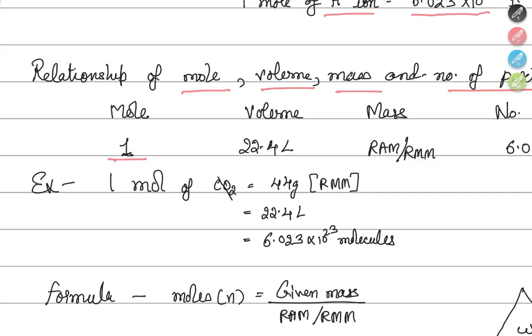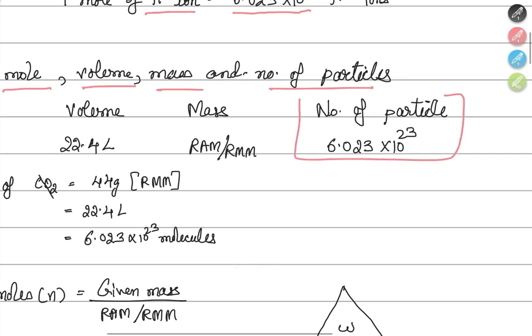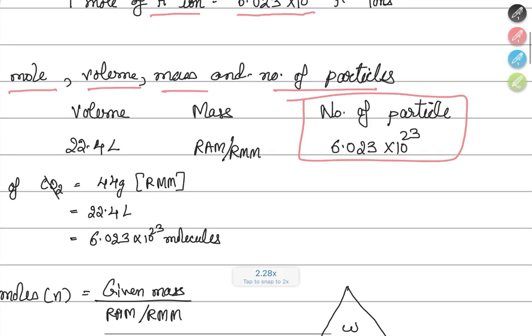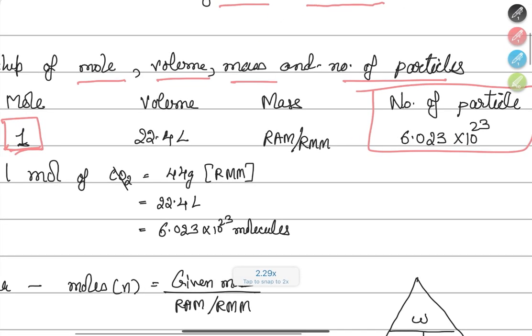So 1 mole of any substance will contain that number of particles, which I will denote as Na, Avogadro number. We can also relate 1 mole with the volume, if we are talking about a gas: how much volume will 1 mole of gas occupy? And what is the mass of 1 mole of a substance? So we can relate it.